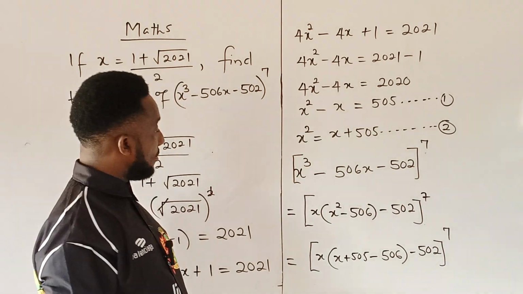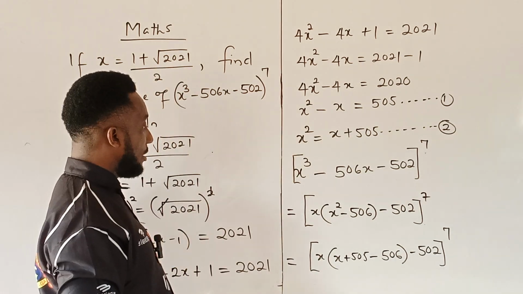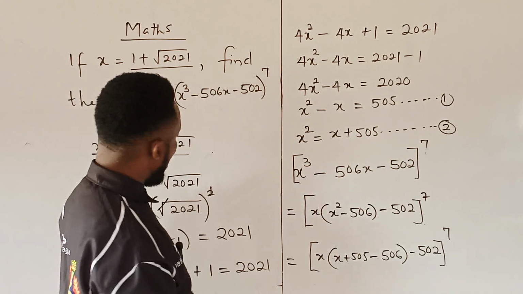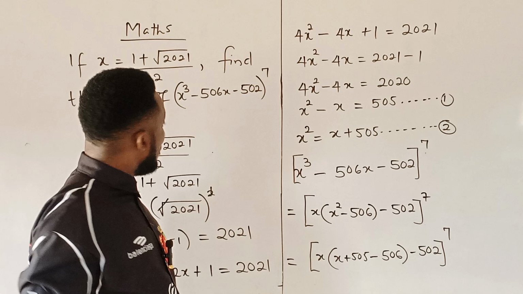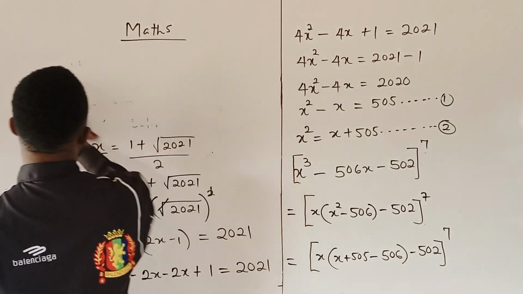Now, if you look, 505 minus 506 is actually negative 1. So I can write this entire expression to become something very refined.